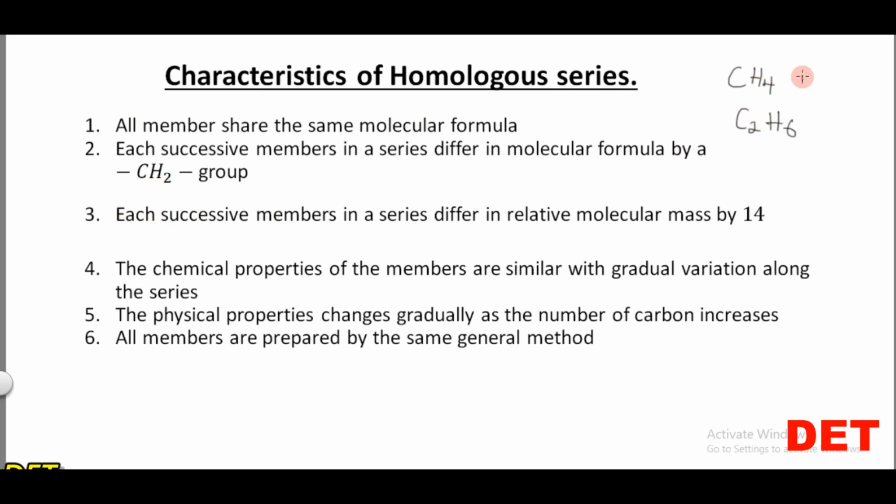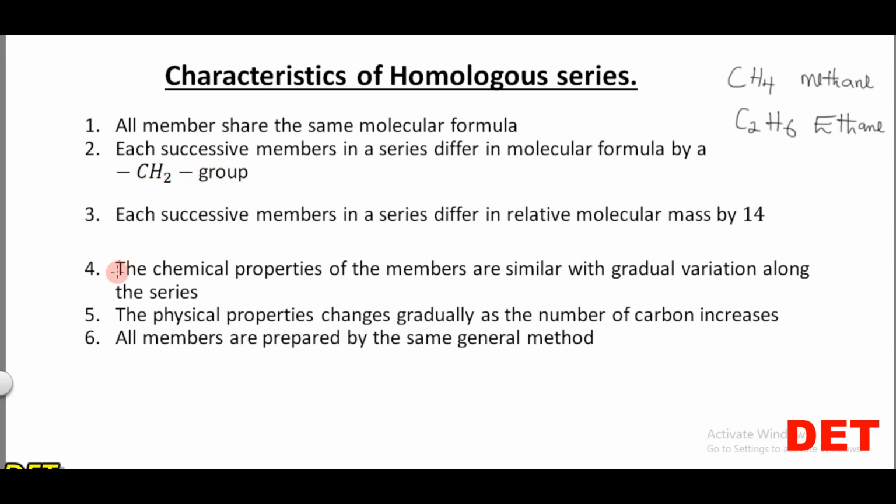This is methane, then this is ethane. So the difference between these two successive members in the alkane series is a CH2 group.